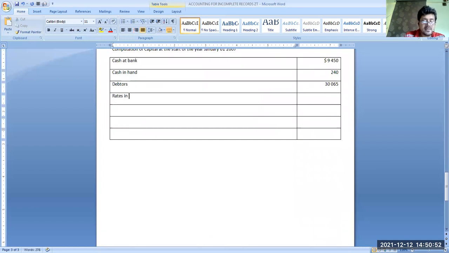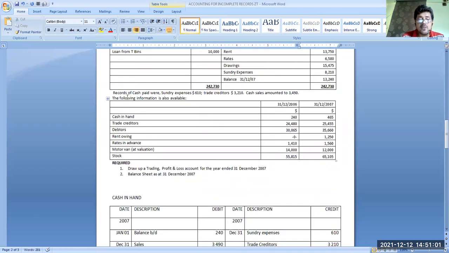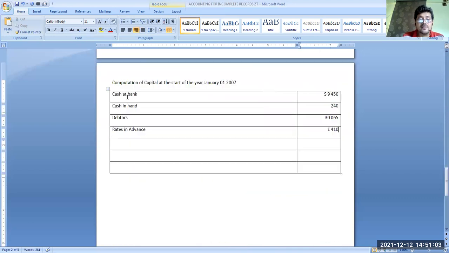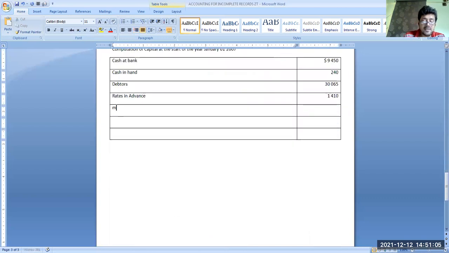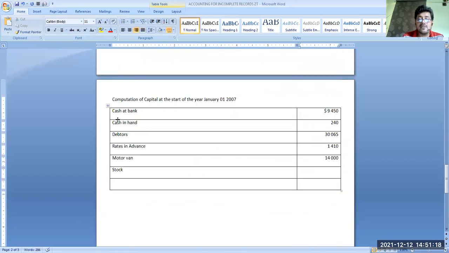Then motor van at valuation, 14,000. And stock available, how much? 55,815.